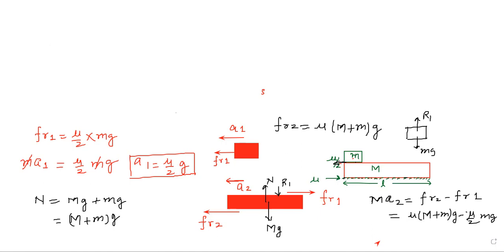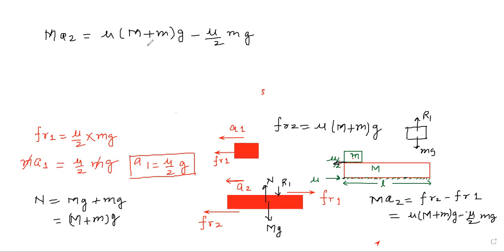We have M A2 equal to mu times capital M plus small m times g minus mu by 2 small mg.